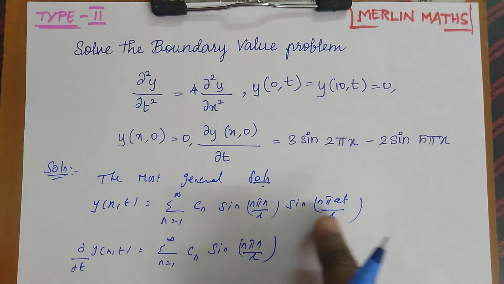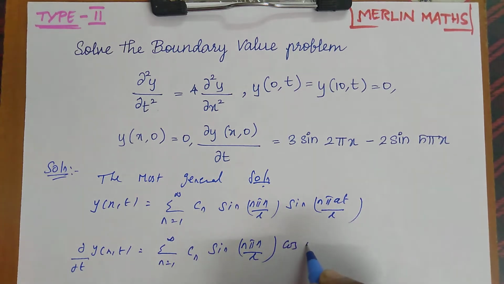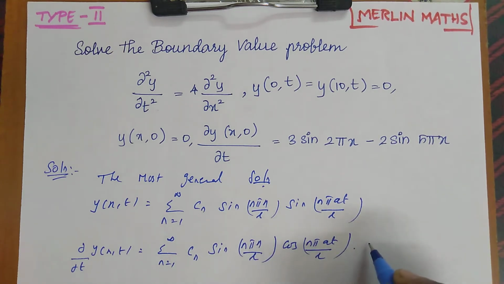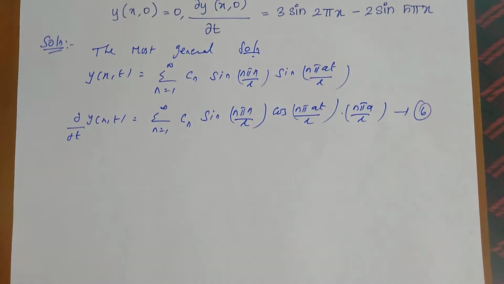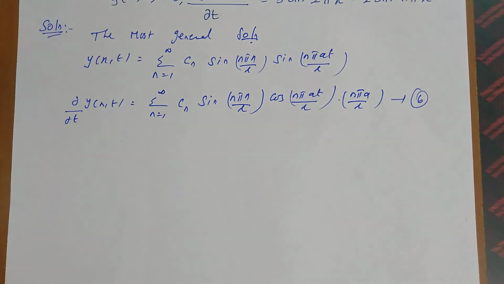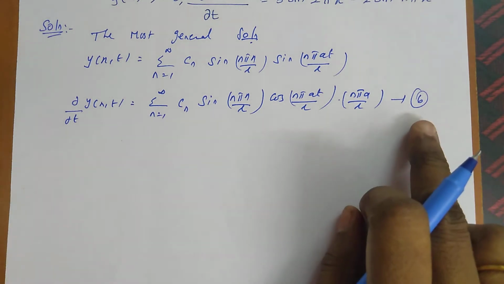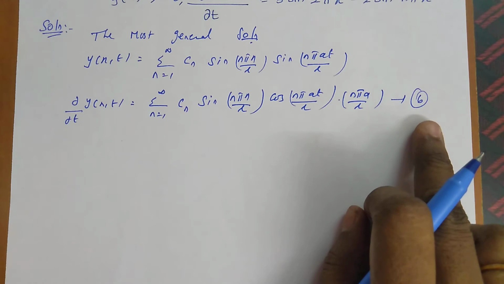Differentiation of sin is cos, so cos(nπat/L) into nπa/L, because derivative with respect to t. We can call this equation number 6, because the previous numbers come under the previous video lecture. So now we are going to apply the boundary condition 4.